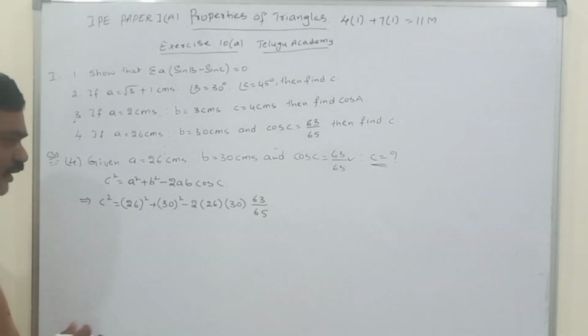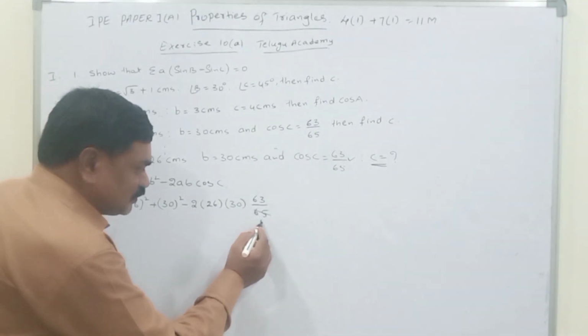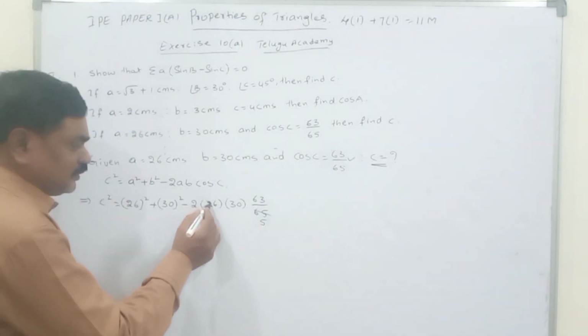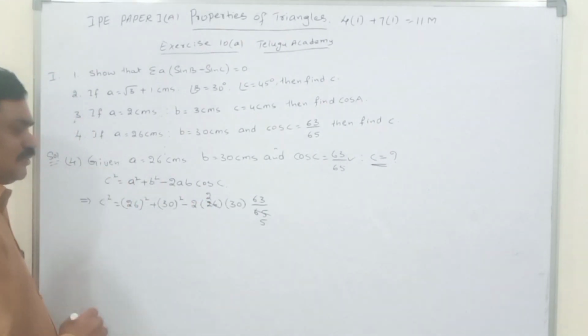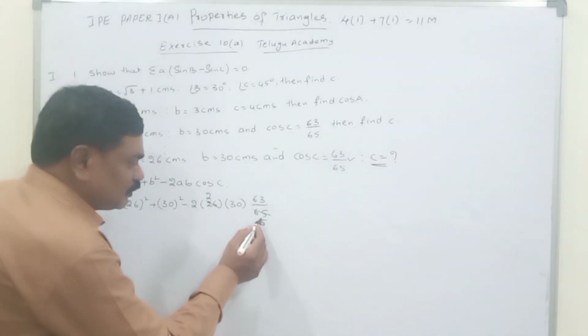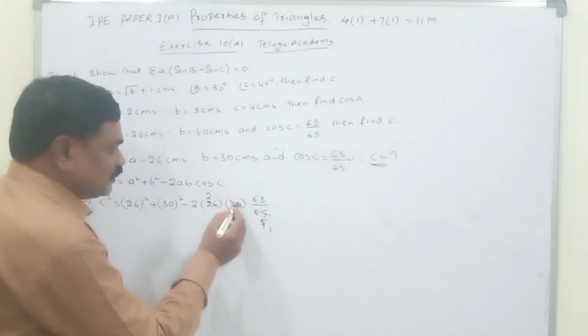You observe here, 13 fives are 65, 13 twos are 26, and also 5 ones are 5.